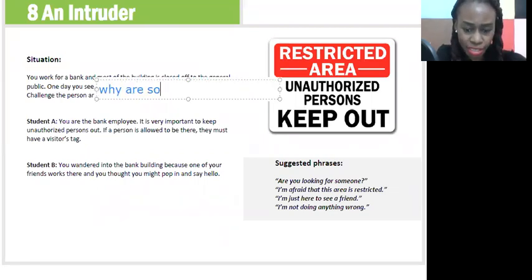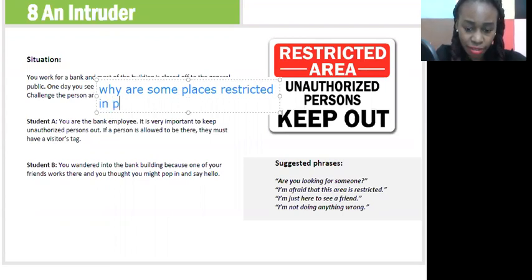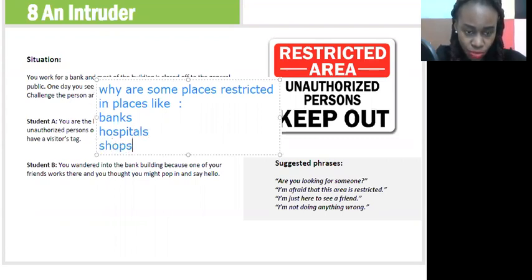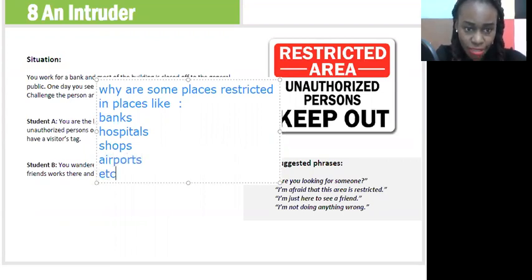And my follow-up question is, why are some places restricted in places like banks, hospitals, shops, airports, etc.? So why are some places restricted?